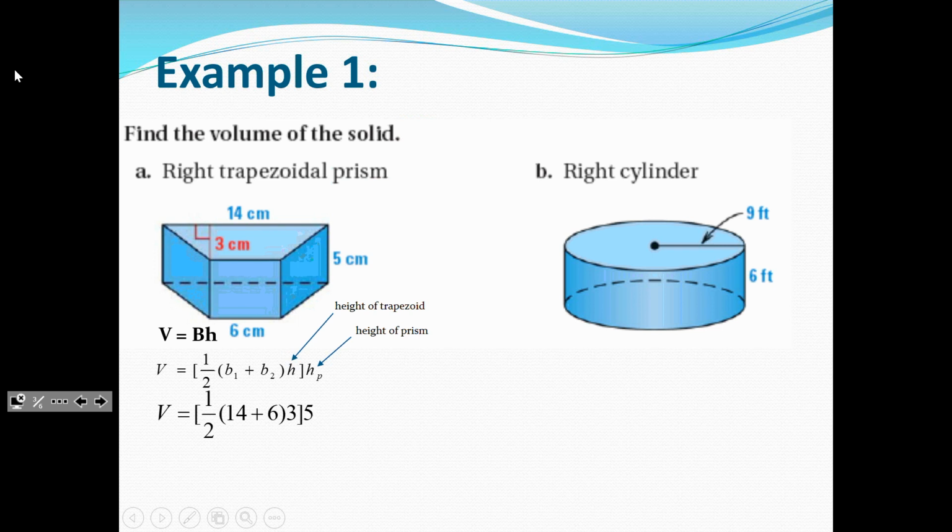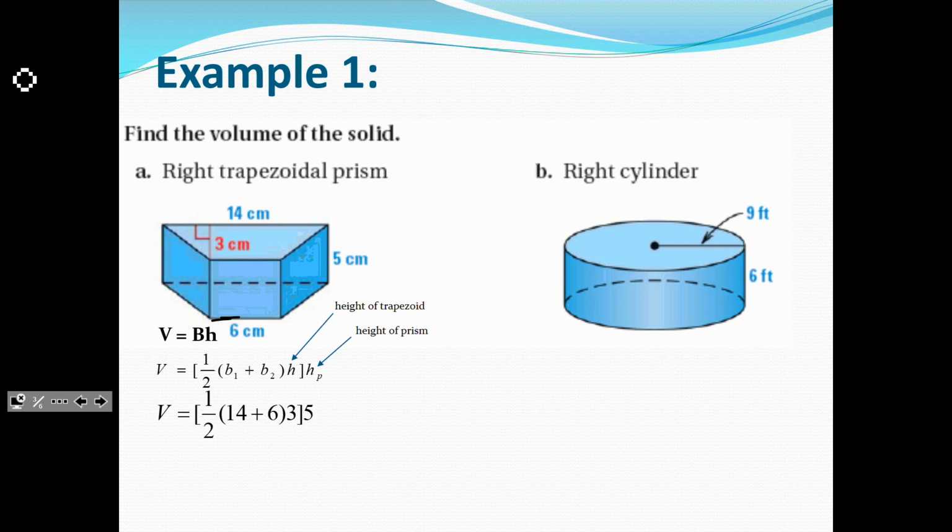So we've got our 1/2 times our base 1 plus base 2. They said base 1 was 14, and since our bases are congruent, if this edge is 6, then this edge is 6, right? And then they gave us the height of the trapezoid to be 3, and then the height of the prism to be 5. So first I simplified inside my bracket.